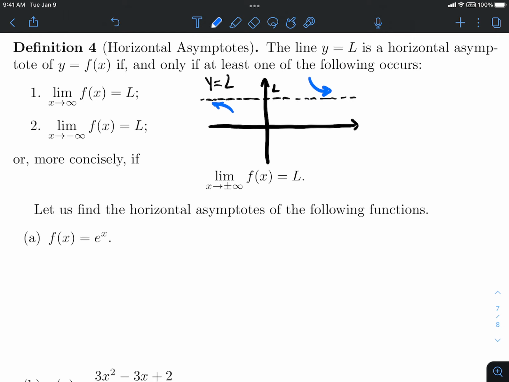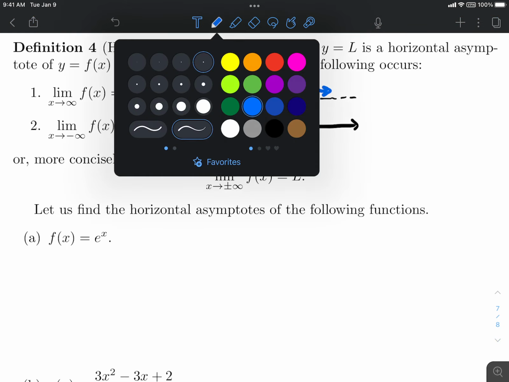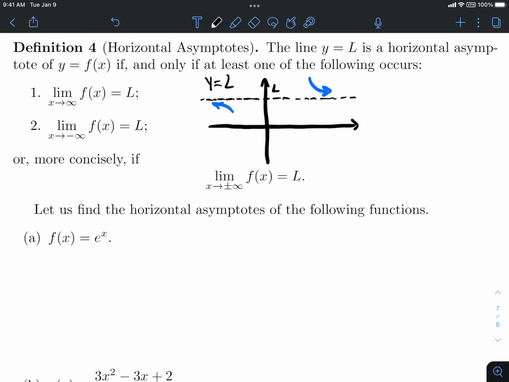So let's see what happens as an example. For f of x equals e to the x, we know the graph of this guy. We know it's going to look kind of like this. And we can see analytically or using other tools that the limit as x goes to plus infinity of e to the x is plus infinity too.